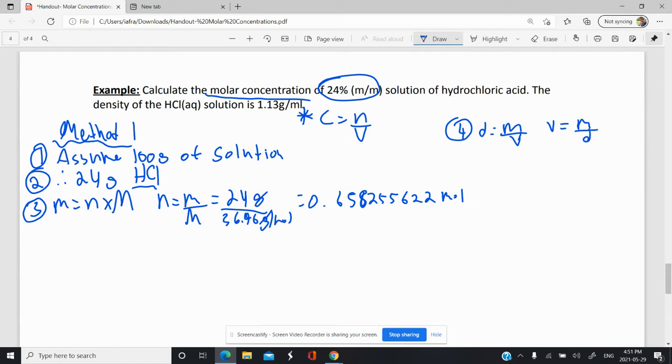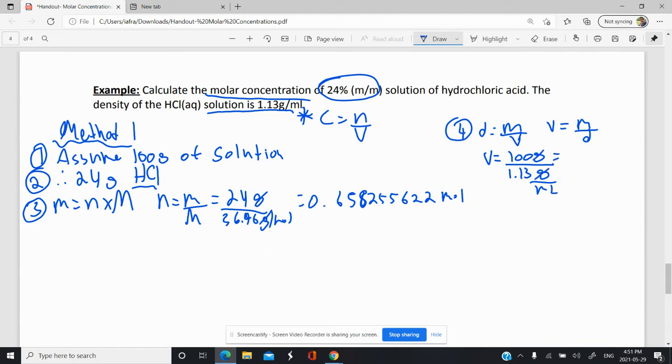That means our volume is equal to the mass of our solution, because this is the solution density, 100 grams over the density, which is 1.13 grams per mil. Cancel out grams and you get mils.